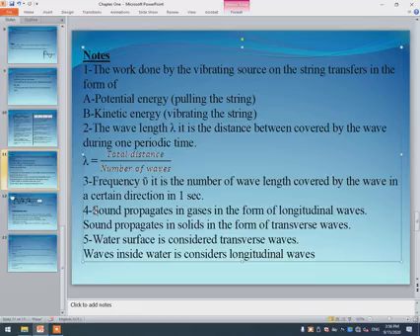The next point: sound propagation. From our analysis we found that sound propagates in gas, where the angle between the sound wave and the molecules of the air equals 0 because they are parallel. So sound propagates in gas in the form of a longitudinal wave.